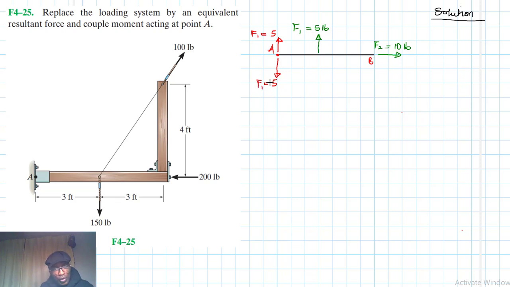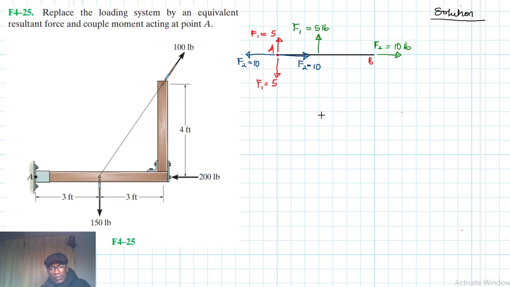We do the same for force 2, in blue: force 2 equal to 10, and we write another force at A in the opposite direction, so again it is as if we have not done anything, because the two forces cancel each other. So this is what we've done.